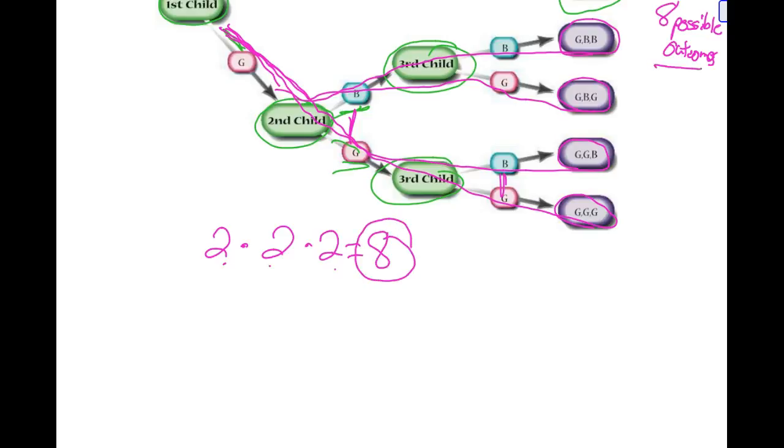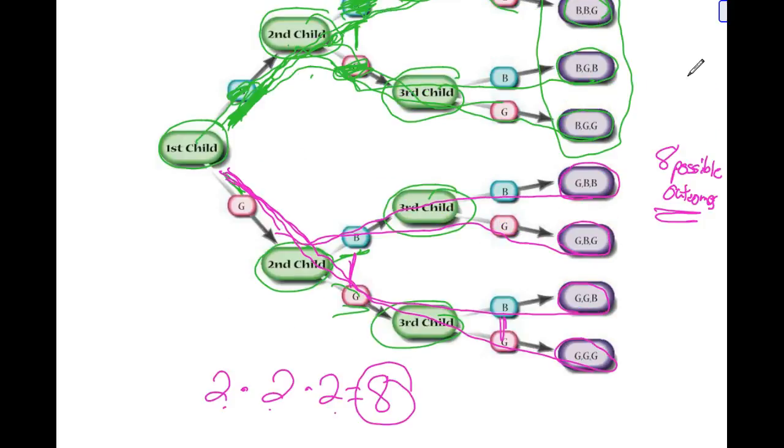That's how many possible outcomes there are. That's how many should be in your sample space. And so that's just a way to check yourself. Do I have all of the possibilities? A tree diagram is a great way to make sure that you have all the possibilities in your sample space.